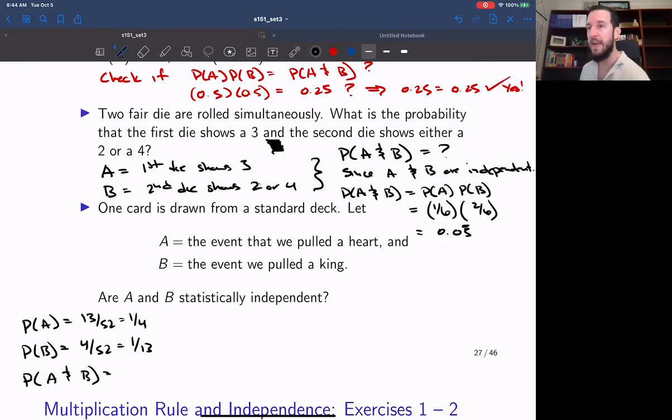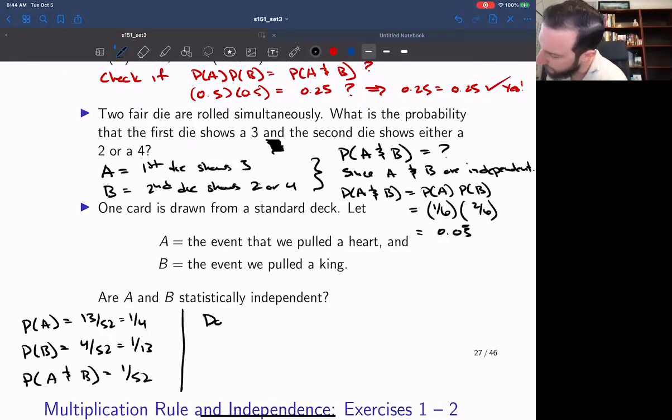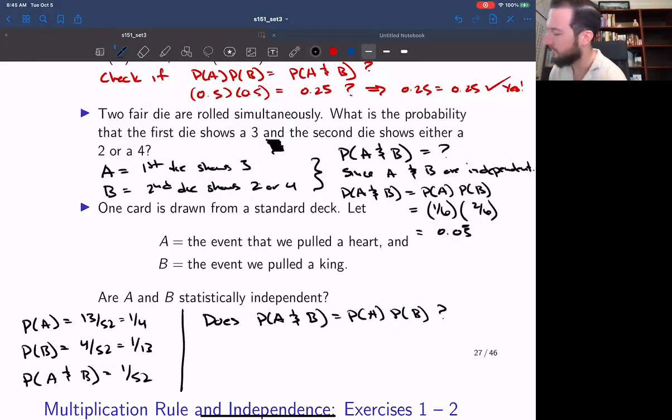So P of A and B is going to be the event we pull the king of hearts. So this is 1 over 52. Now we're going to ask, does P of A and B equal P of A times P of B?